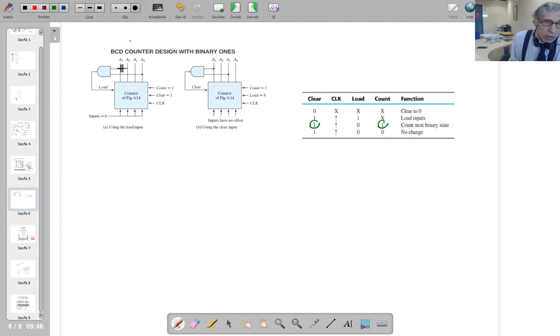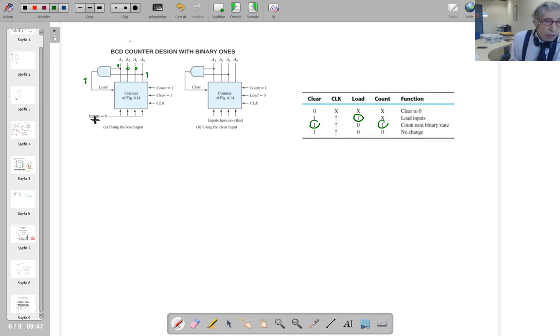So look at this. If this is 1, and if this is 1, so assume that these are 0, 0. So that means when you reach the number 9, that's going to be your input, isn't it? When you get this input, your AND gate output is going to be 1. So that means load became 1. When load became 1, when the clock pulse comes, it goes to load the input.